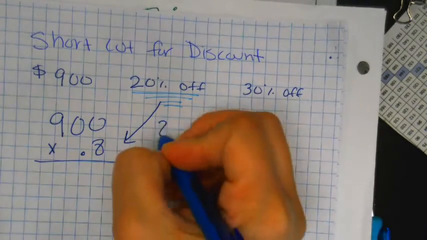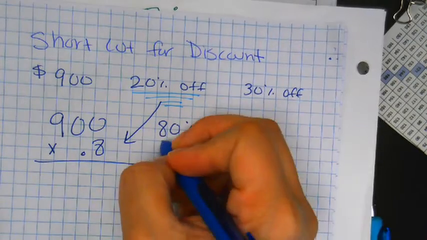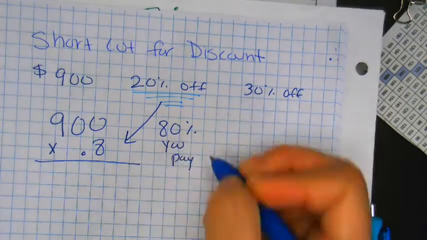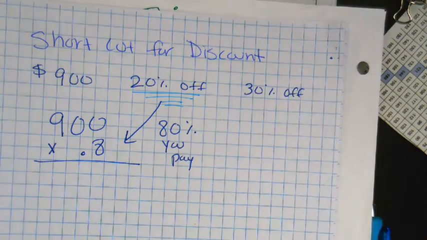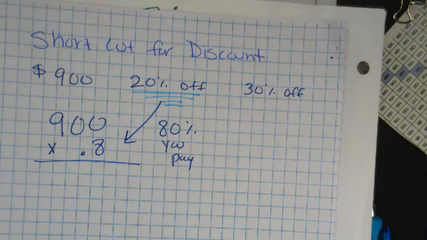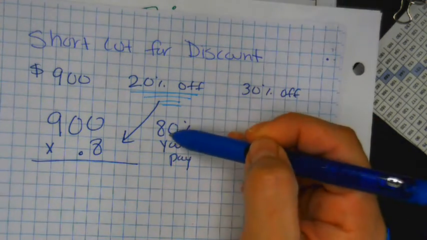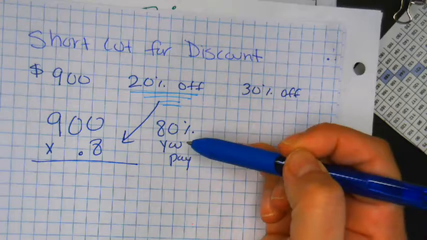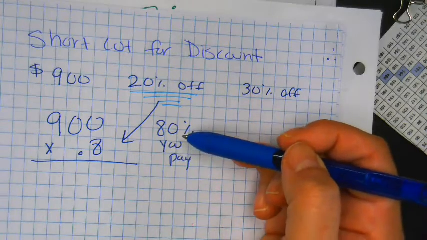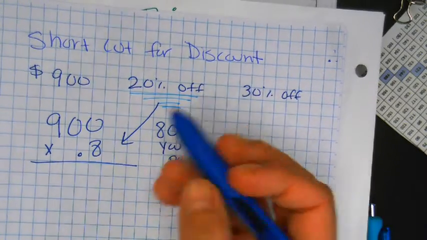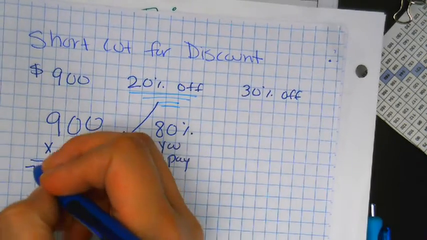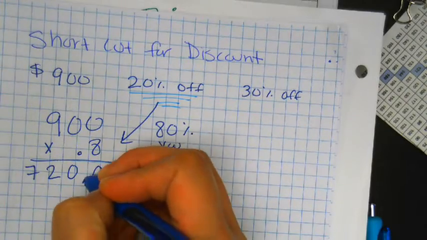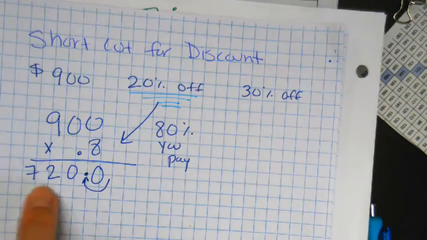We don't focus on how much they take off. We focus on what we end up paying. Because 20 plus 80 is 100%, we multiply by 0.8. So do the math: 72, move it over one, 720.